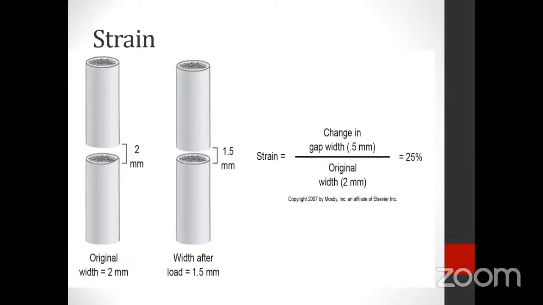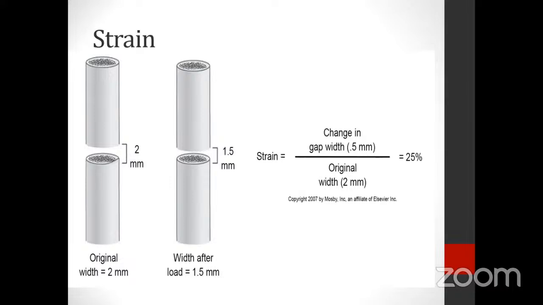As you see, we have a long bone here which has a fracture in the middle with a gap of 2 millimeters. And after, let's say, physiological loading, the fracture has some movement and the gap has decreased to 1.5 millimeters. Now, the resultant 0.5 millimeter of movement over the original gap, which is 2 millimeters, equals 25%.